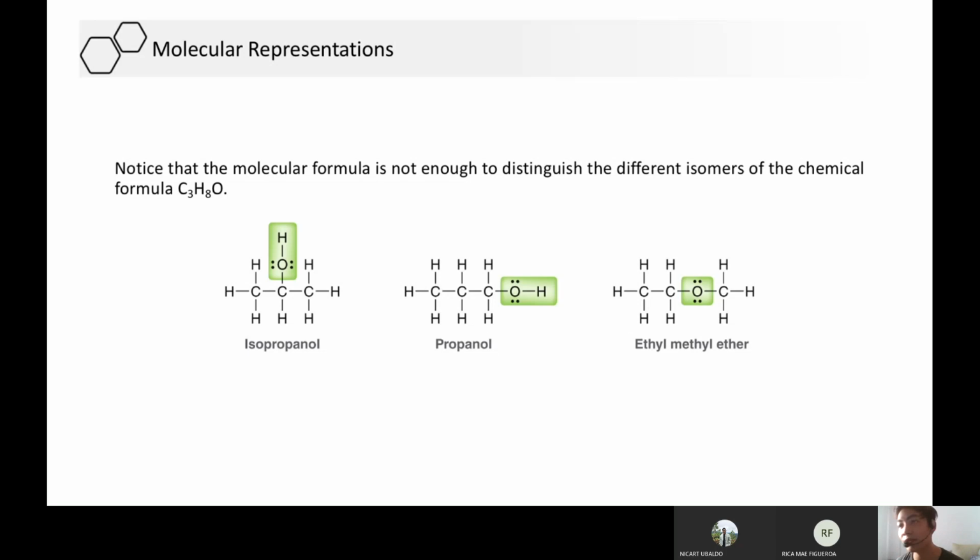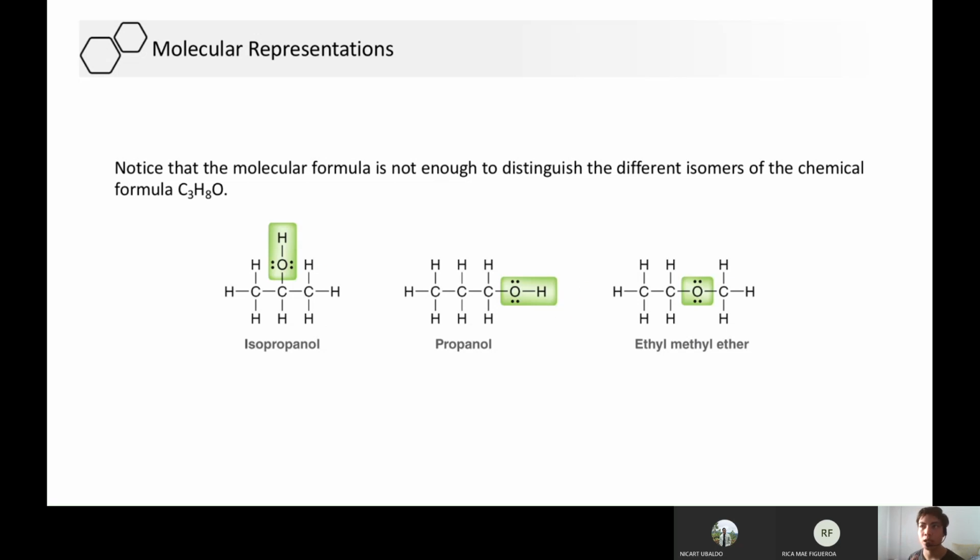Okay, so these are the different isomers that we can create from our chemical formula, C3H8O. So we can use what we found last time to represent the 3 different isomers for that compound.